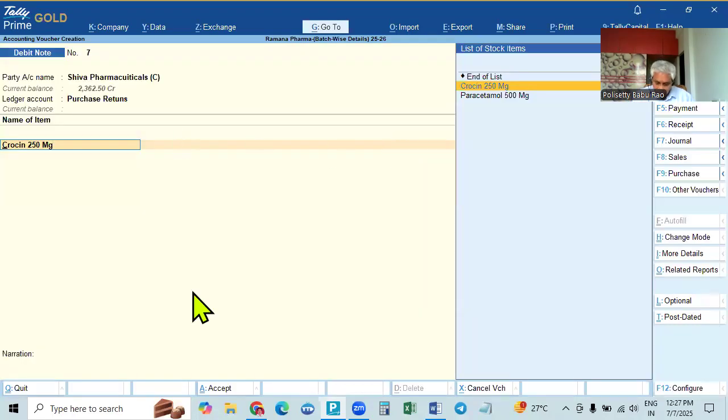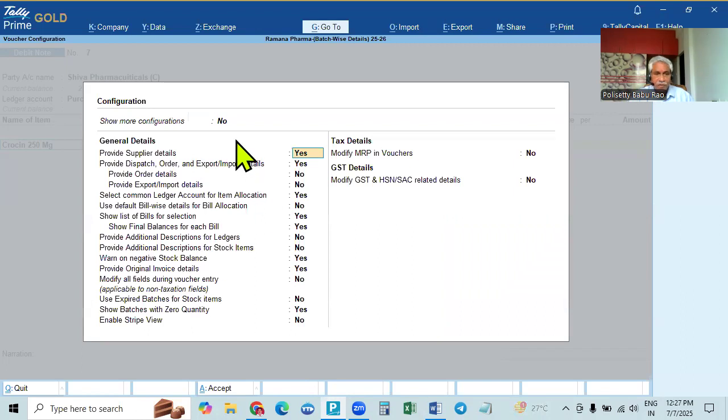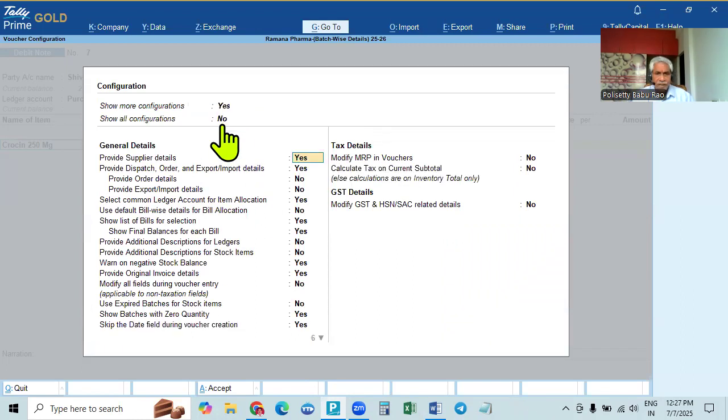This is the item. Press F12, and in F12 make this always yes. Okay, and come down. Here you see, use expired batches for stock items. Expired batches also use, that means show them also.